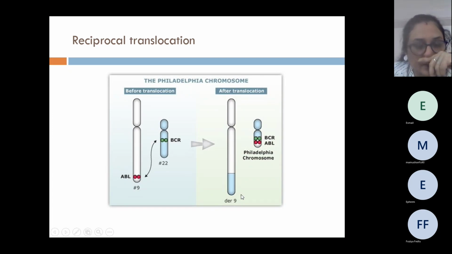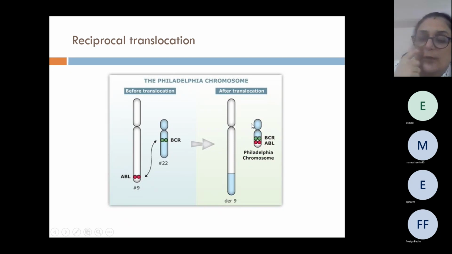Therefore, with translocation, there will be a chromosome 9 which is long, a chromosome 22 which will be shorter, and the ABL gene and the BCR gene both come in this small new gene which is formed in the new chromosome, which is called the Philadelphia chromosome. So it has the BCR gene and the ABL gene. So it is the BCR-ABL gene which is present in the Philadelphia chromosome. And this new Philadelphia chromosome, which is shorter and which is formed, is responsible for causing CML.